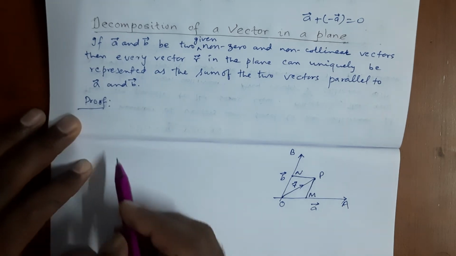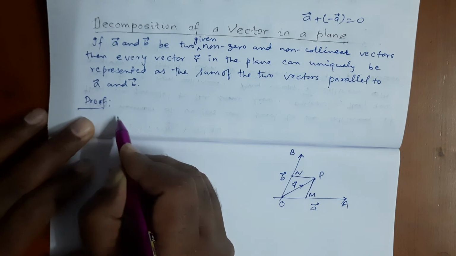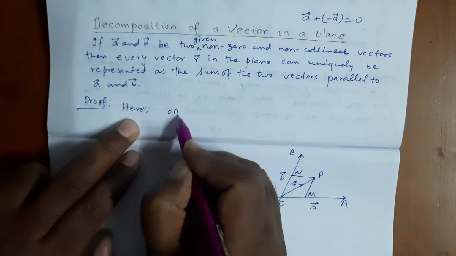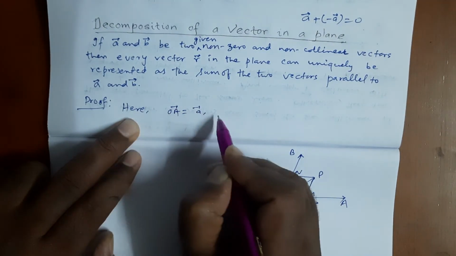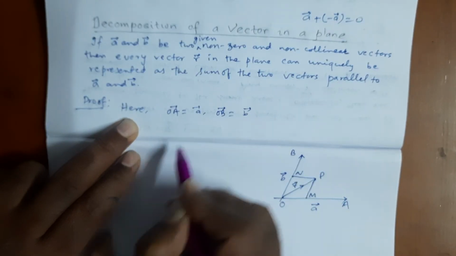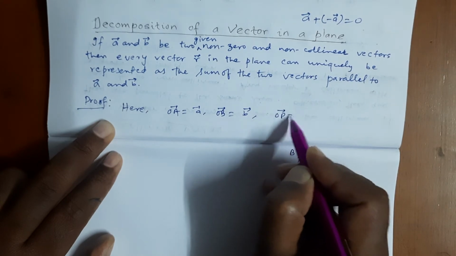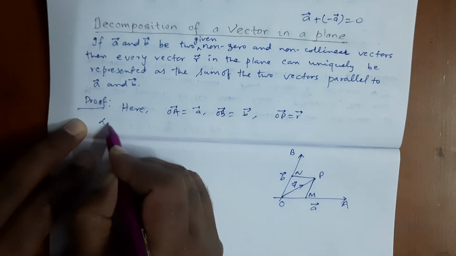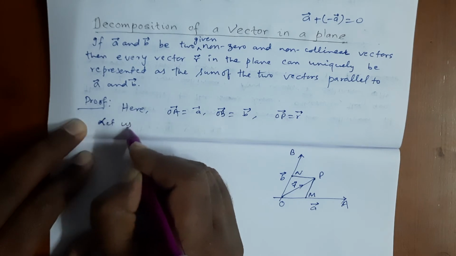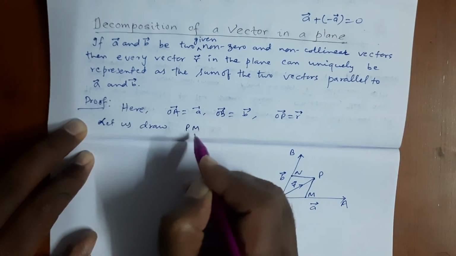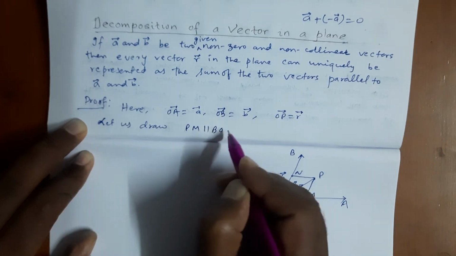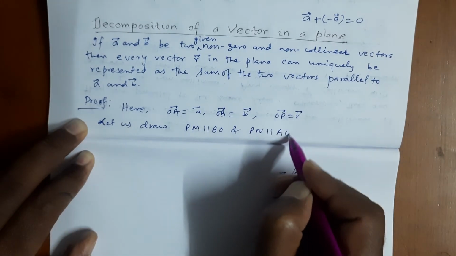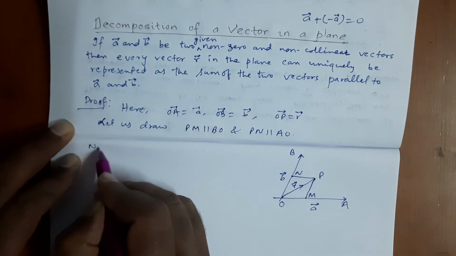So I am writing here: OA equals vector A, OB equals vector B, OP equals vector R, and let us draw PM parallel to BO and PN parallel to AO.